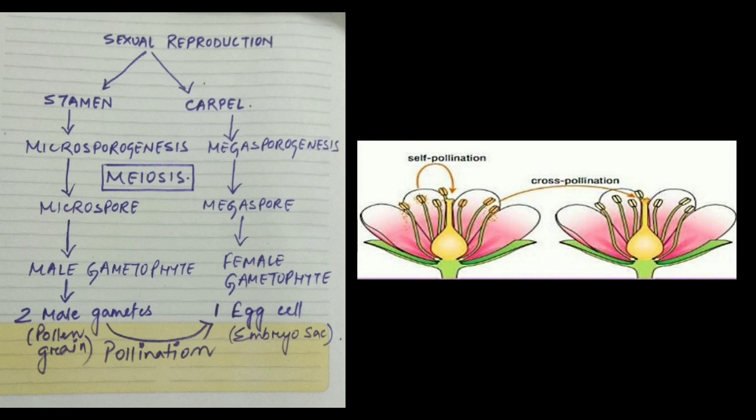And this whole process of the transfer of the pollen grain from the anther to the stigma of either the same flower or of a different flower of the same species is called pollination.